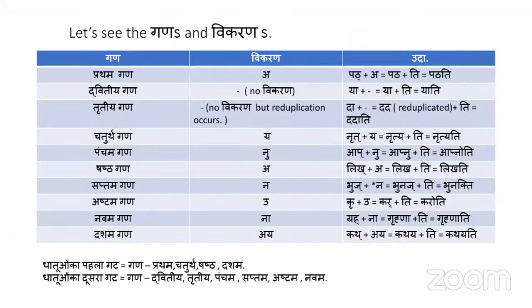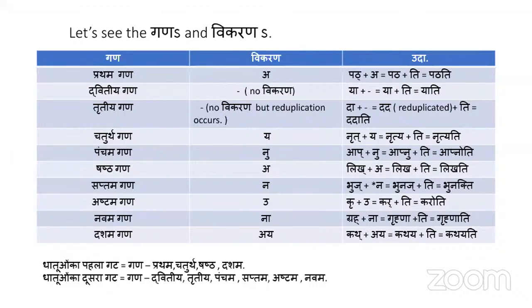And for Dashamgan, the Vikaran is Aya. So see the example. The root is Katha. After adding Aya to the root Katha, it makes the form Kathaya, Anga Kathaya. Katha means to tell. Here Tha is Halanta.